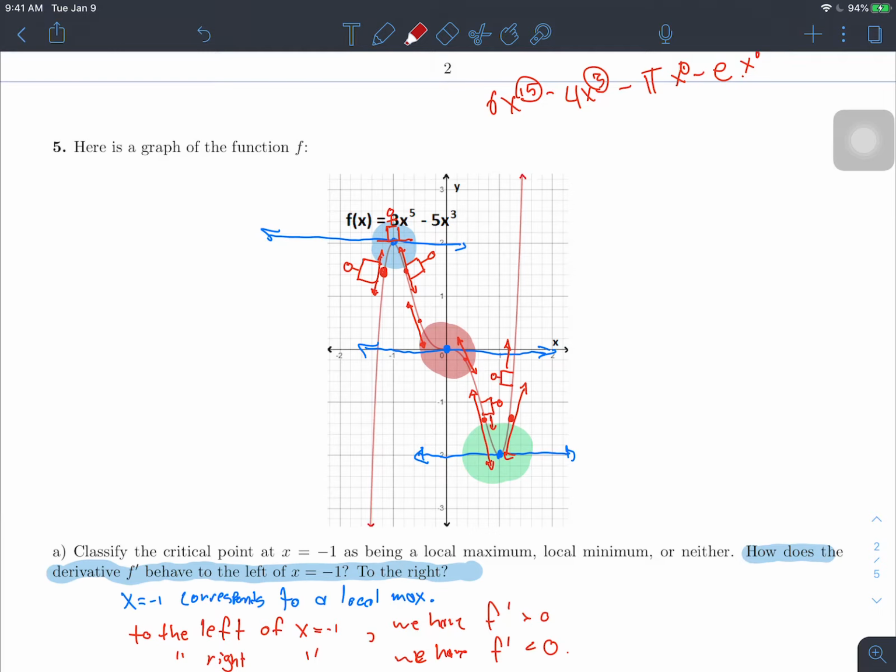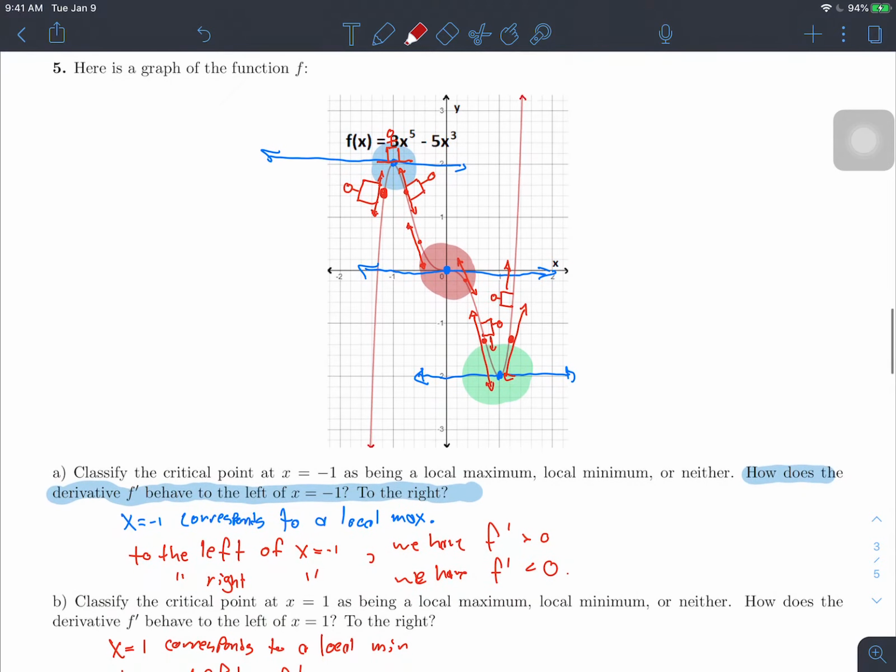Okay, that's what we were doing. So, once we know where a critical point is, how do we decide whether that critical point is a maximum, minimum, or neither?